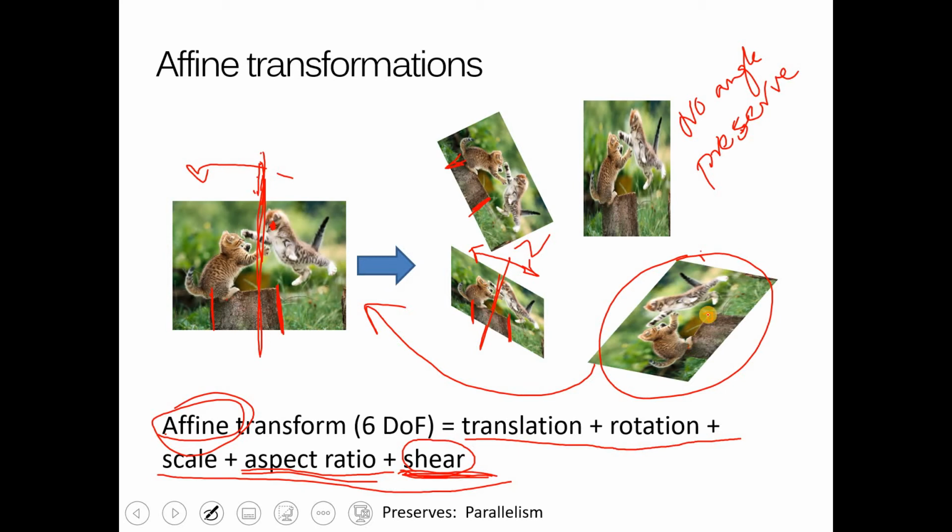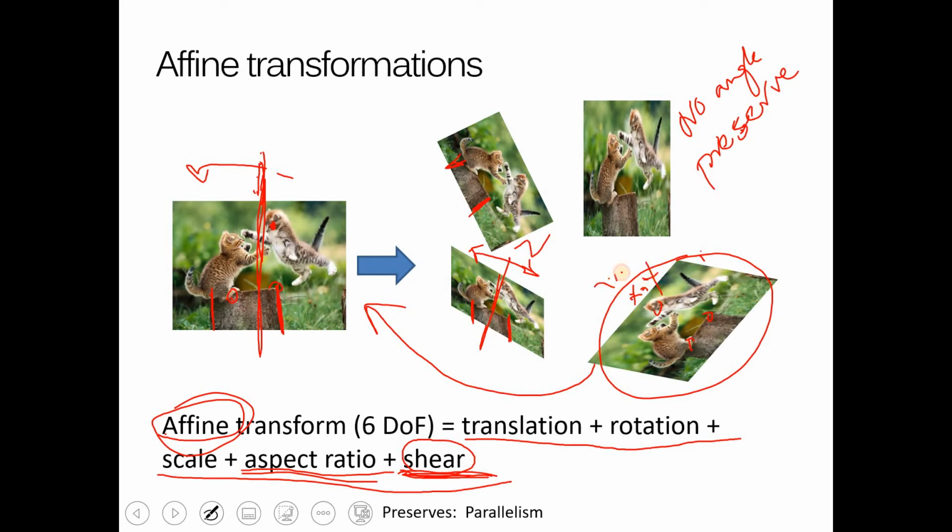So 3 points you will mark on the cat. You will have to give the exact XY location of these points on this image.